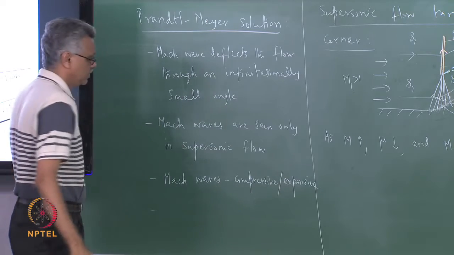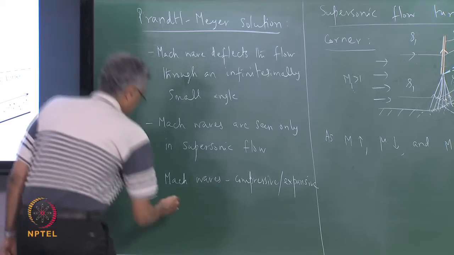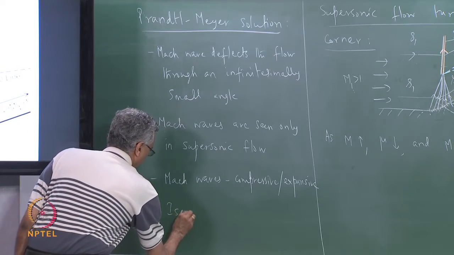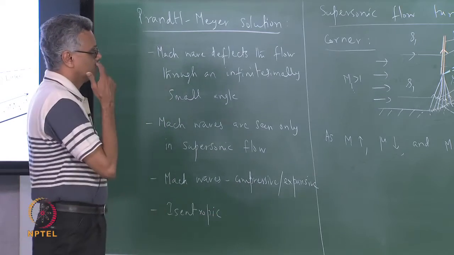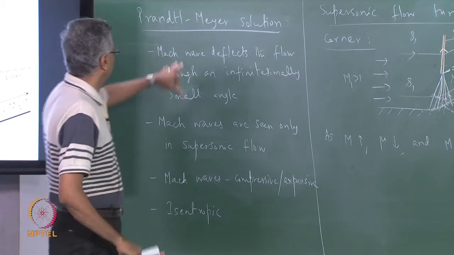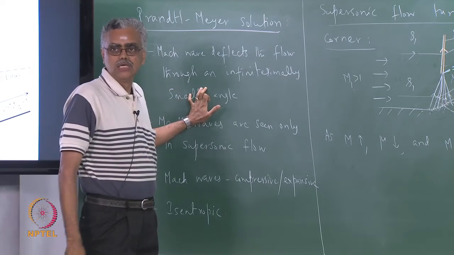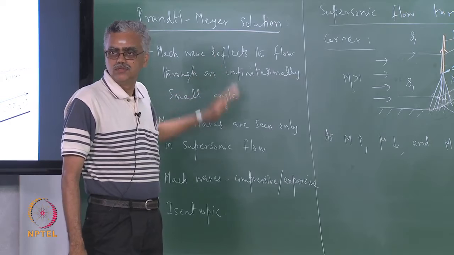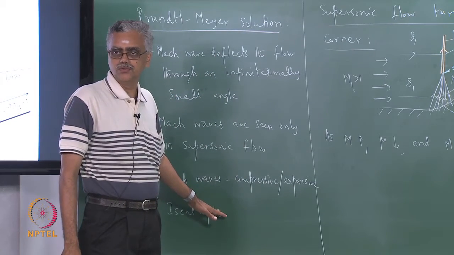And fourth point, the process is isentropic. So, what this Prandtl Meyer solution does is it relates the flow deflection angle to the Mach number that satisfies these constraints. That is what we are going to do next.